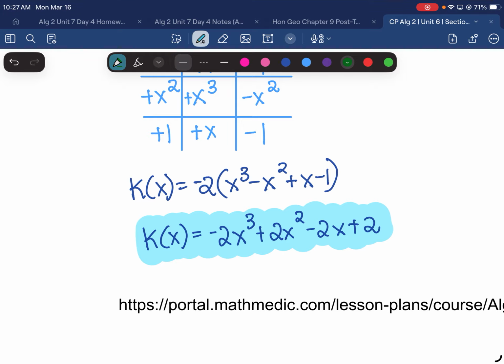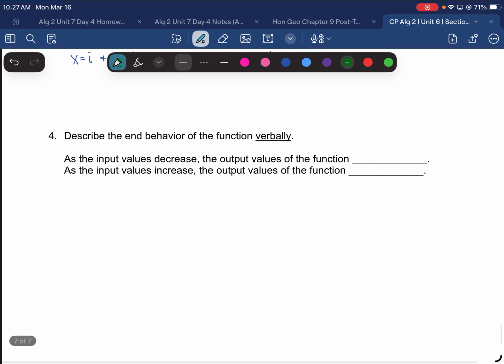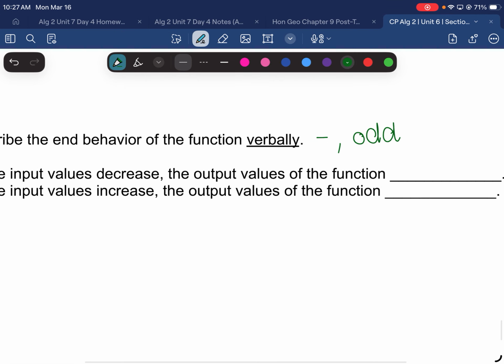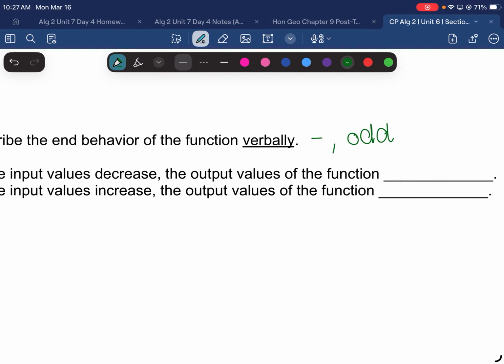Is the degree even or odd? Odd. So remember, if it's negative and odd, the negative tells you what's happening on the right-hand side. Is it going up or down? Down. So you're going to say increases or decreases? Decreases. And if it's odd, does that mean my words are the same or my words are different? Different.